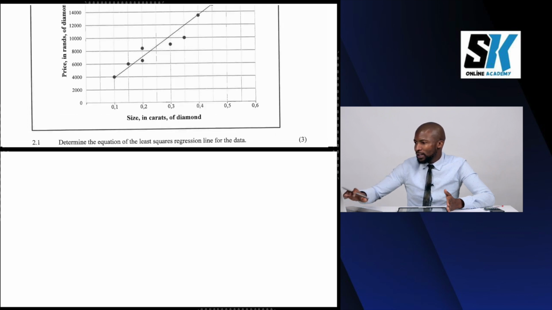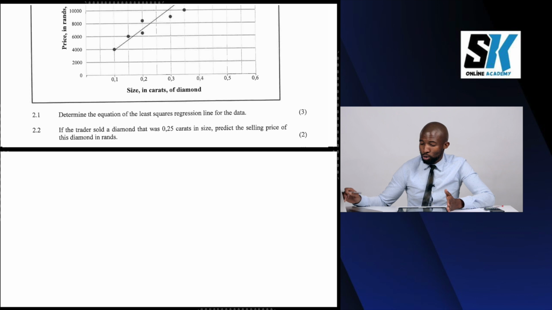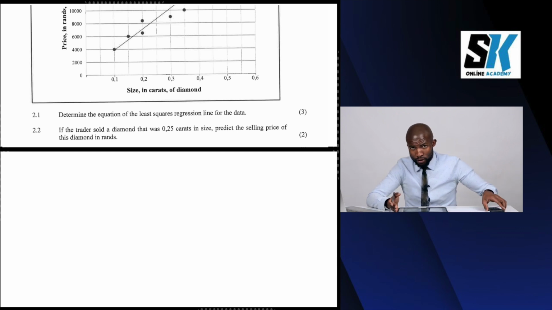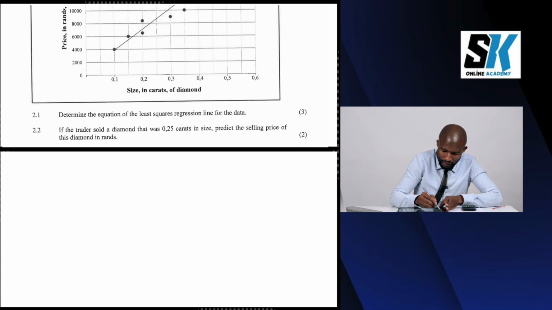2.1 says determine the equation of the least squares regression line for the data, that is 3 marks. You do that by using your calculator. So here I'll just make it easier for everyone who lacks the skill to get the equation.